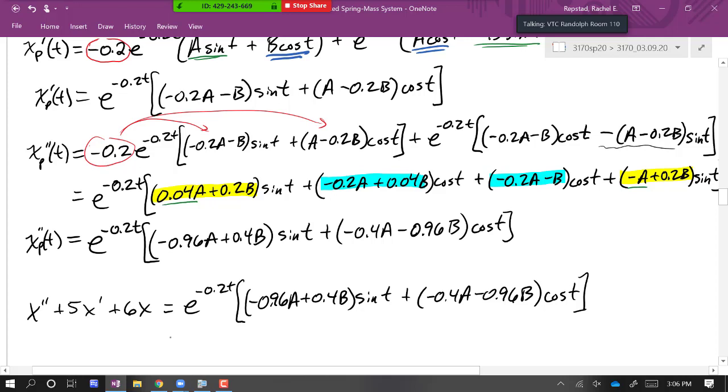And then I'm going to add plus 5 times x prime, and x prime is this function up here.